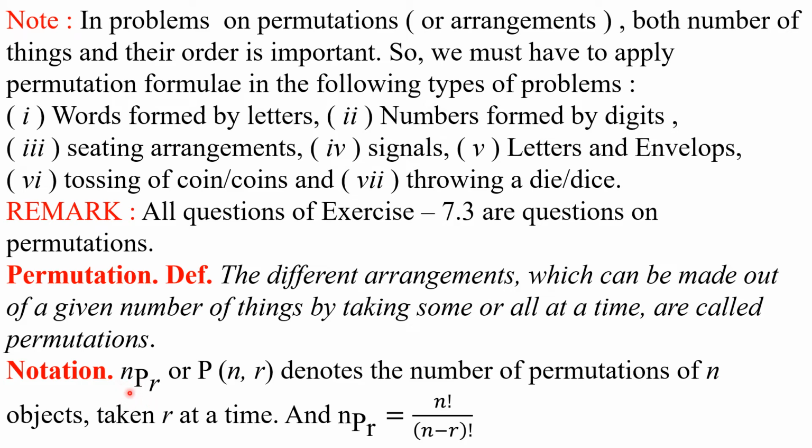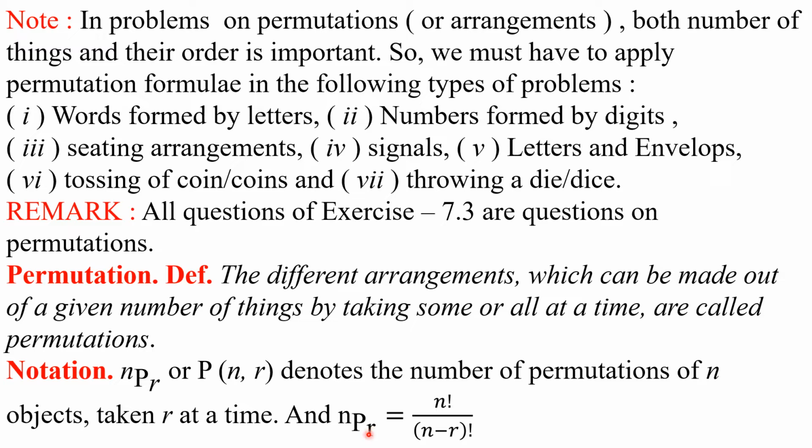Are you observing this laser point, my dear children, on the screen? Yes, this nPr, not this one. This is a very rare case. But you should remember this notation also to denote the number of permutations of n objects taken r at a time. These two notations denote the number of permutations of n objects taken r objects at a time.